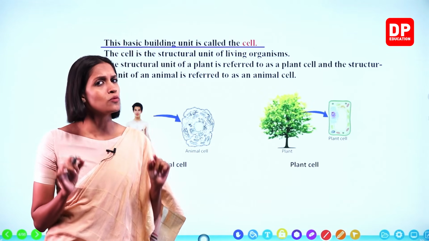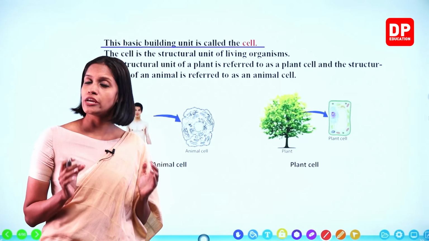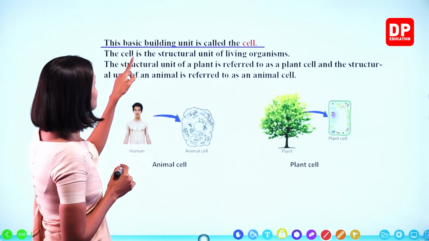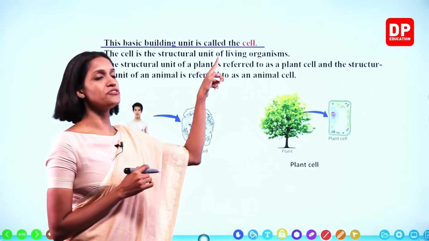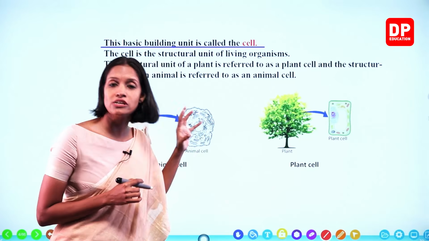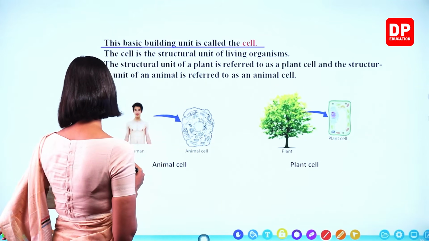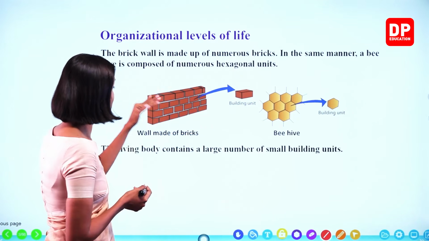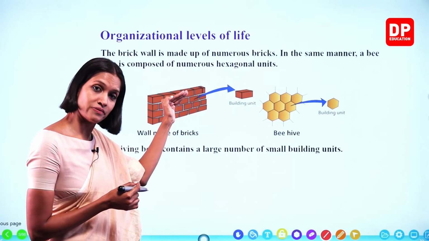So how do we observe a single cell? We can use microscopes. Right? So the cell is the structural unit of living organisms. What is the meaning of a structural unit, children? Now look at this one again. When you consider this brick wall, this is a certain structure. Right?